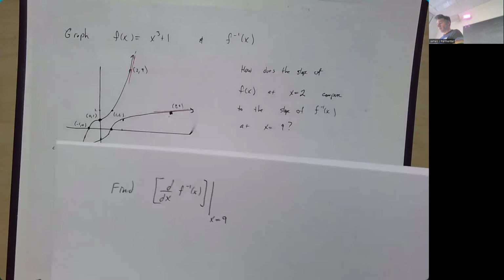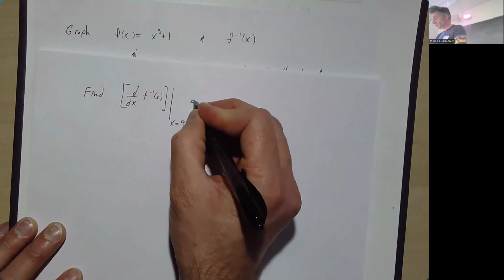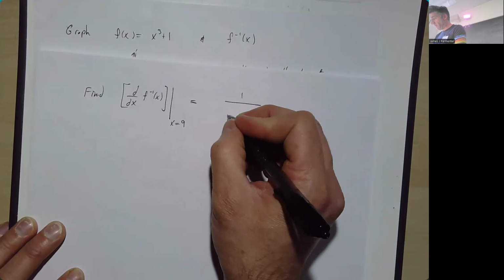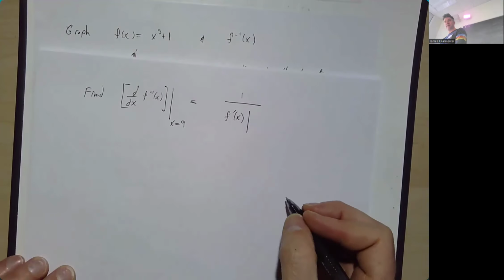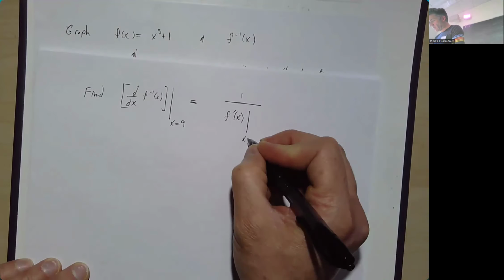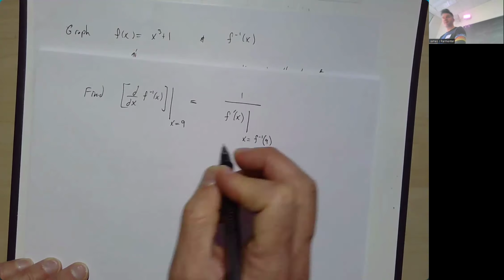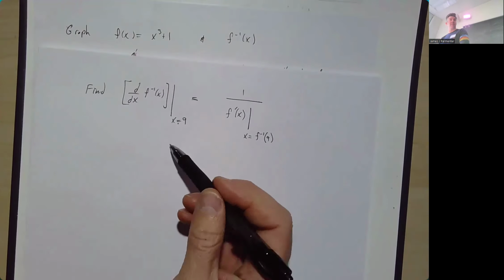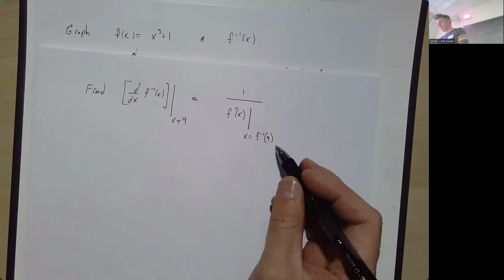So check this out for a second. To find this, I'm going to say that's going to be equal to 1 over the derivative of f of x, evaluated at x equal to f inverse of 9. Not at x equal to 9, but at the corresponding point. Well, what's f inverse of 9?